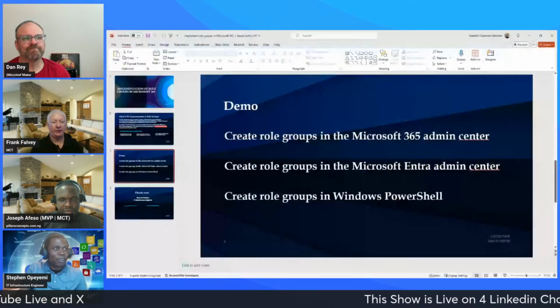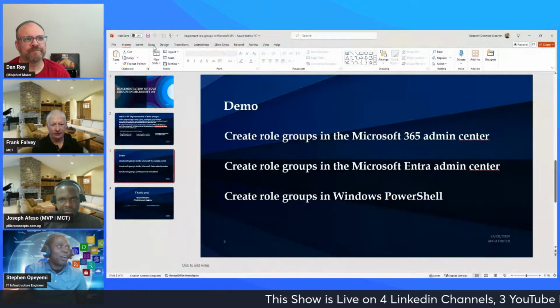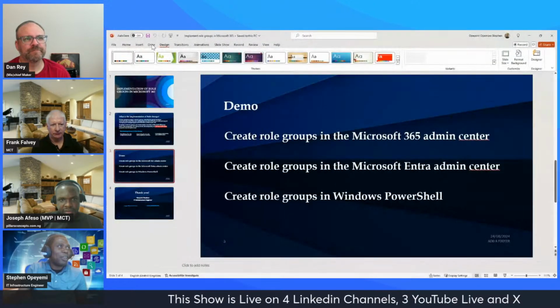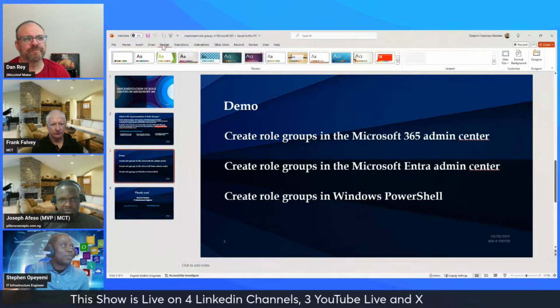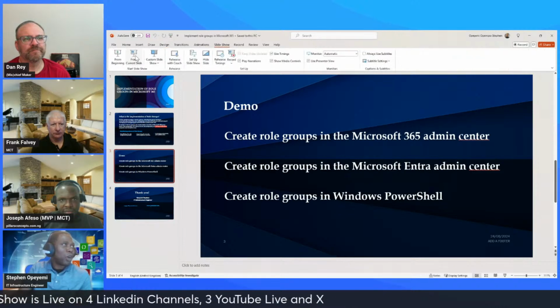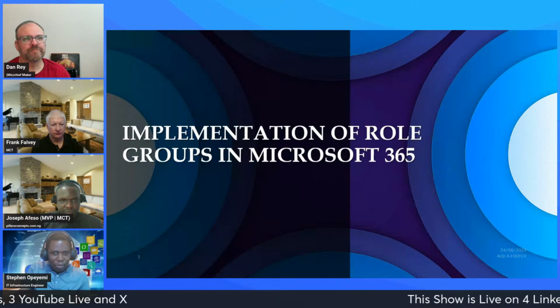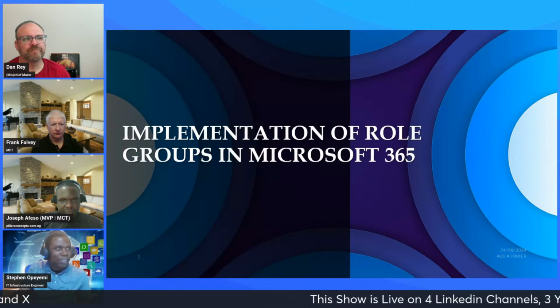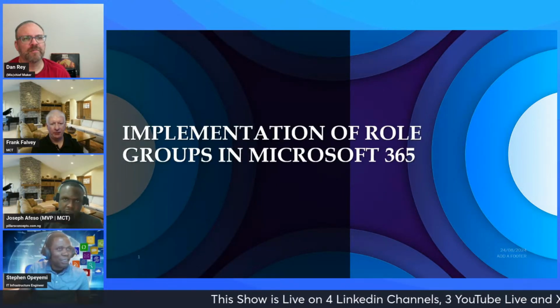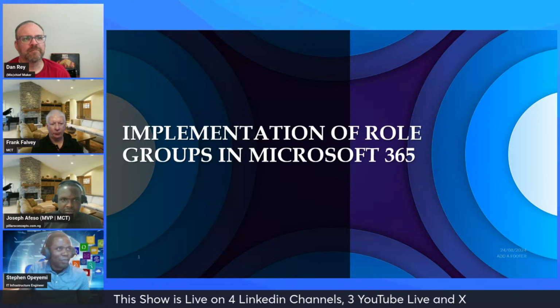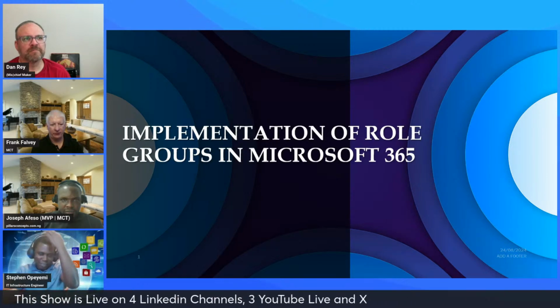Yeah, we got you there. You can see it. Okay. Perfect. Okay. So I just have a short presentation. So what can you see on the screen, please? Yeah, implementation of role groups in Microsoft 365. That's fine.